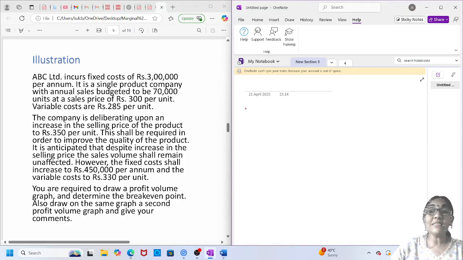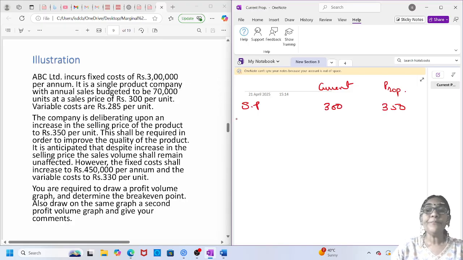So first let us start with the basics. This is your current situation and this is your proposed situation. The current selling price is 300, proposed is 350. Variable cost, currently it is 285 and proposed variable cost is 330.